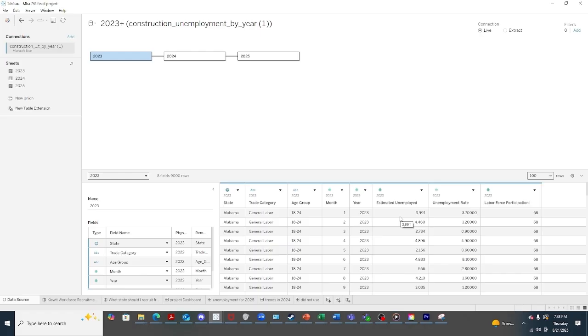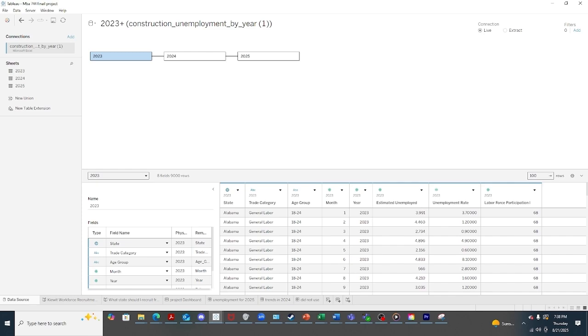These data are updated monthly and are widely recognized as the most reliable measure of workforce conditions across the states. This allows me to calculate both total estimated unemployed workers and year-over-year unemployment trends for all 50 states.